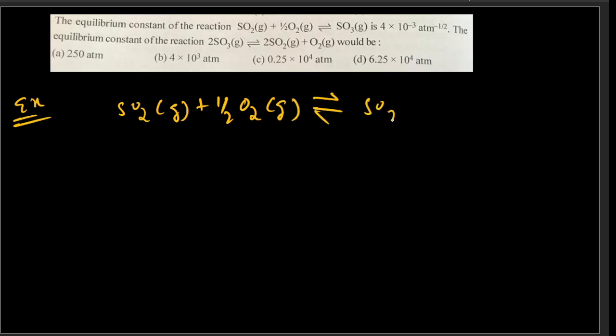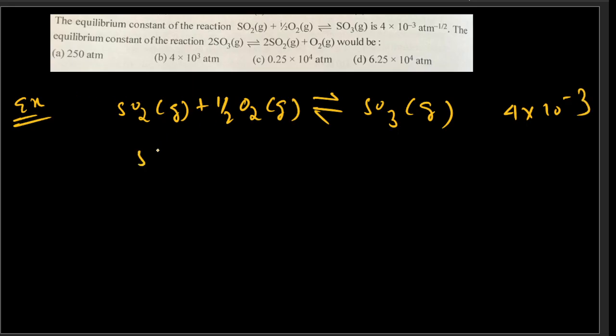Another question related to that. SO2 gas plus half O2 gas gives SO3 gas, and this equilibrium constant is given as 4 into 10 raised to minus 3.